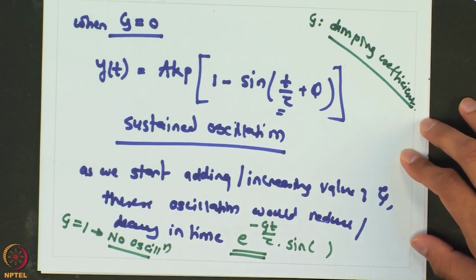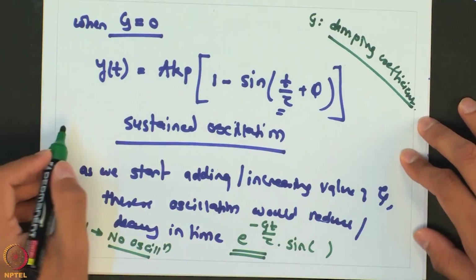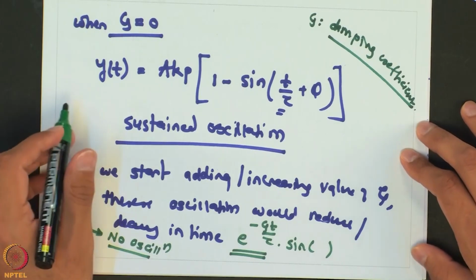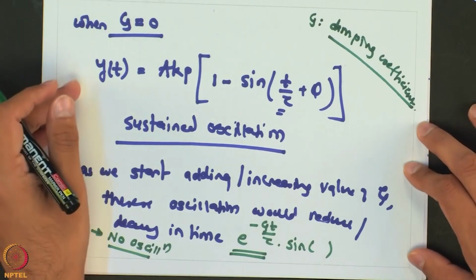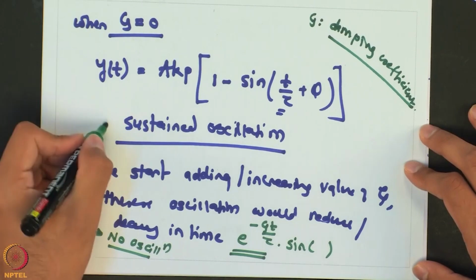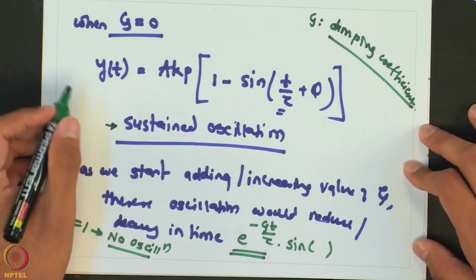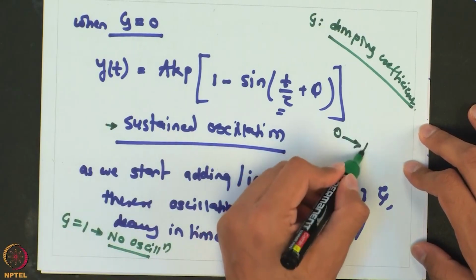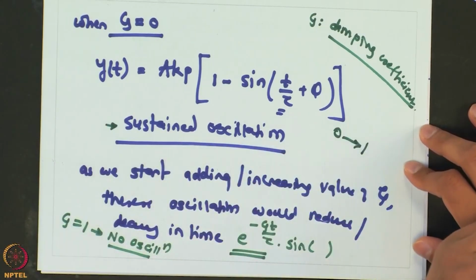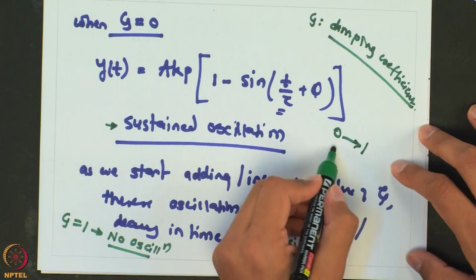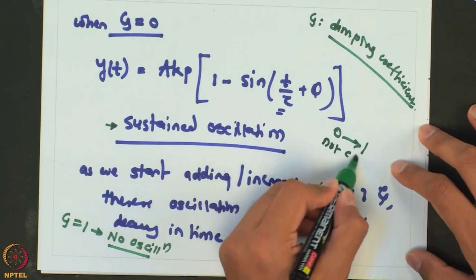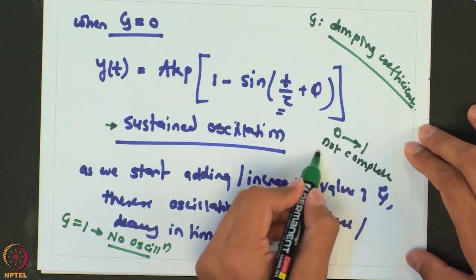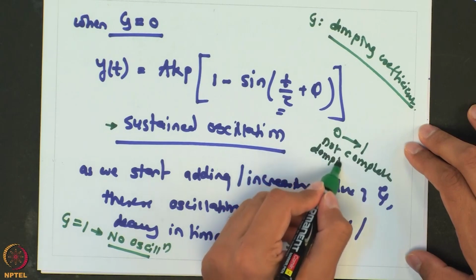The damping is 0 when we do not have any value to this. When the value is 0, there is no damping of the oscillation, and we get sustained oscillations. As we start increasing the value from 0 to 1, we progressively dampen these oscillations, but this damping is not complete.